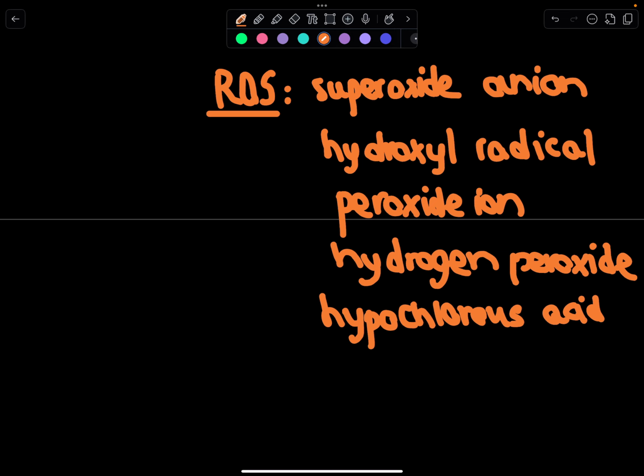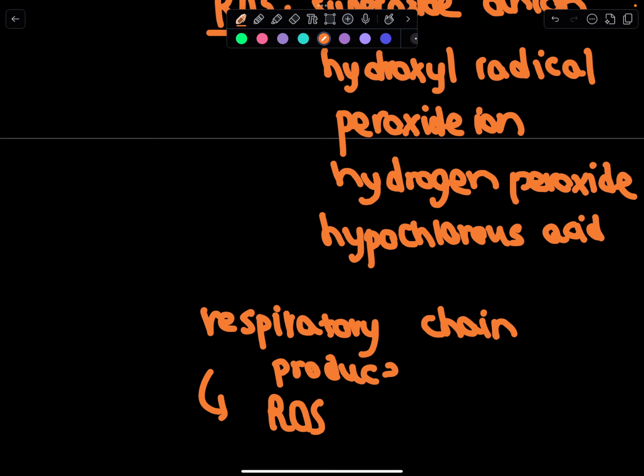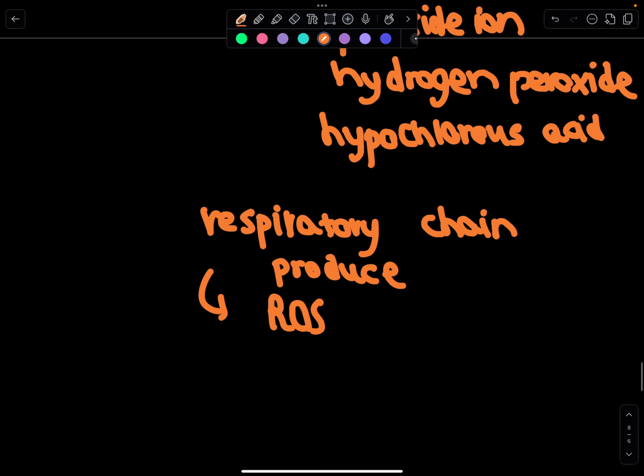Explain to me how the respiratory chain is a major producer of reactive species. The electron transport chain, ETC, in the mitochondrial inner membrane produces reactive oxygen species, ROS, like superoxide anion, when electrons leak from complexes 1 and 3 and react with oxygen in the matrix or intermembrane space.